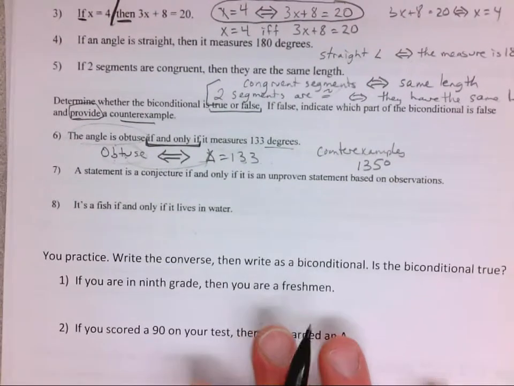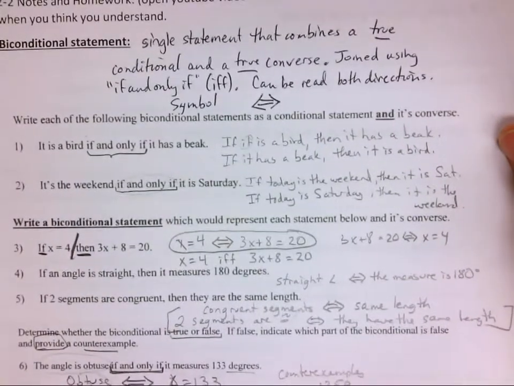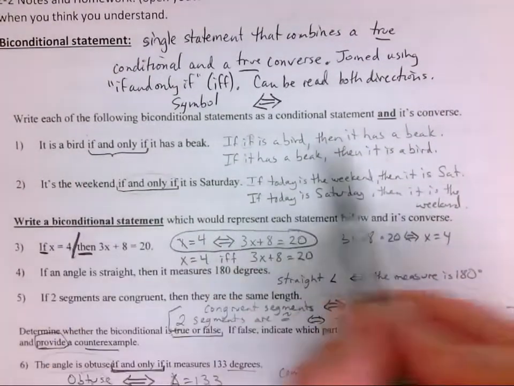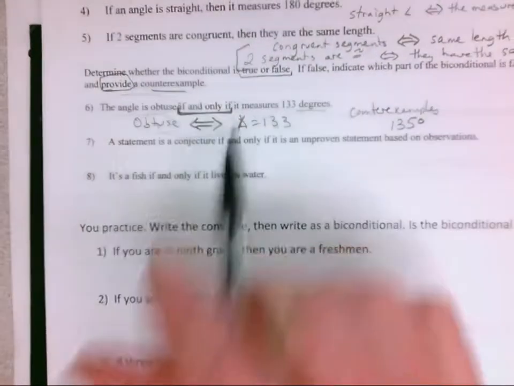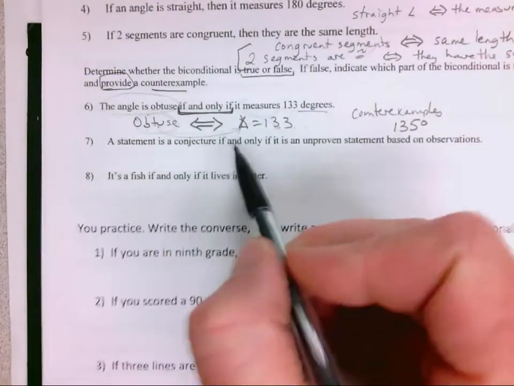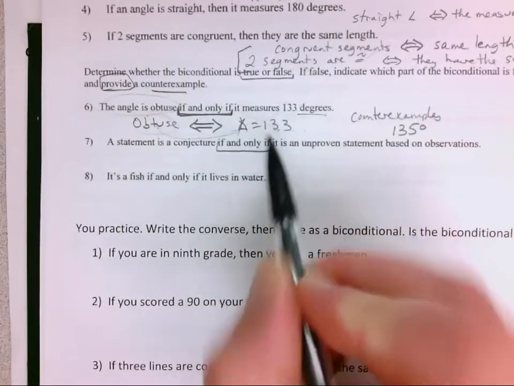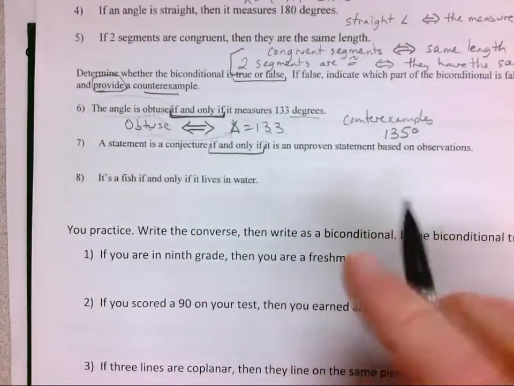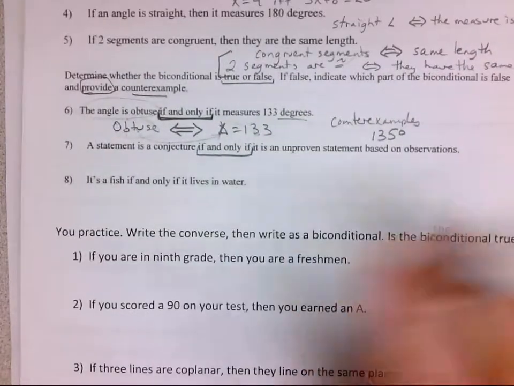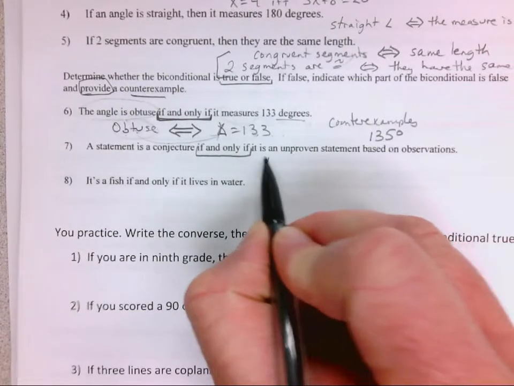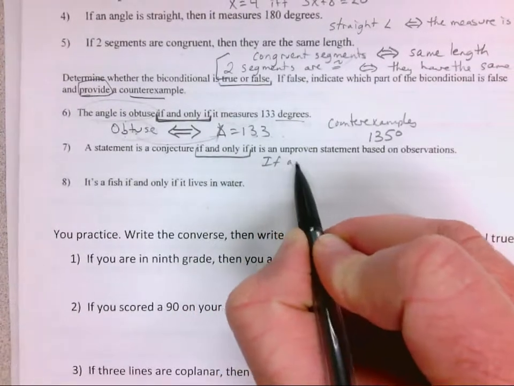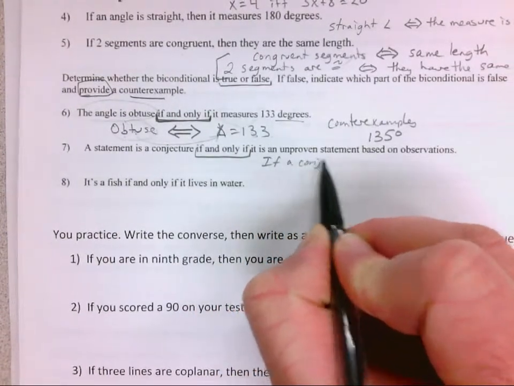So when we did the initial notes, that's how, if you get stuck, you break it out. You can write it as two different statements, or just think about it that way. A statement is a conjecture if and only if it is an unproven statement based on observations. So I'm going to write it out this way, abbreviating some stuff.